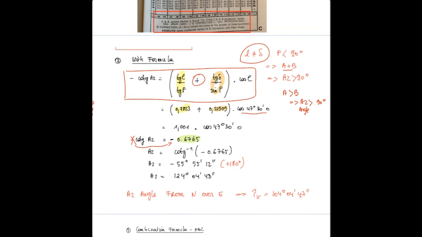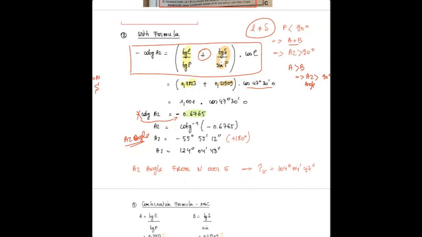Okay, this is my azimuth angle. You have learned from Mr. Buchan that when you're solving a navigation spherical triangle, when you get negative values, you have to add 180 degrees.